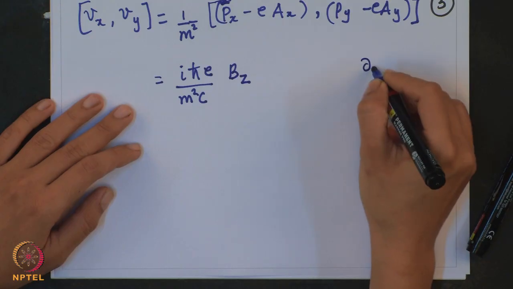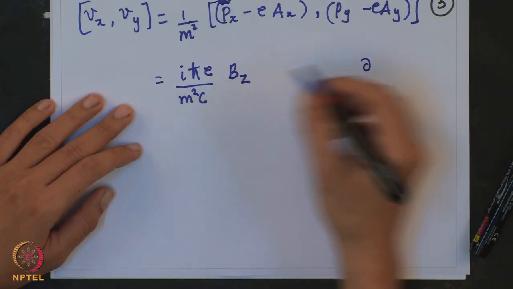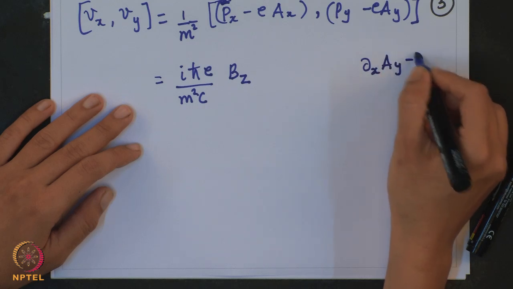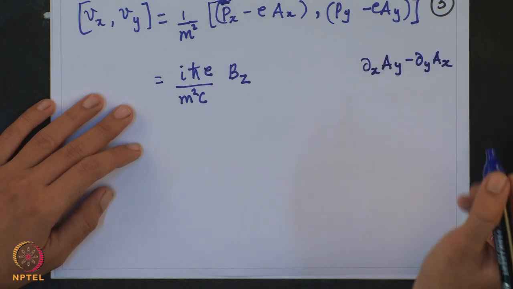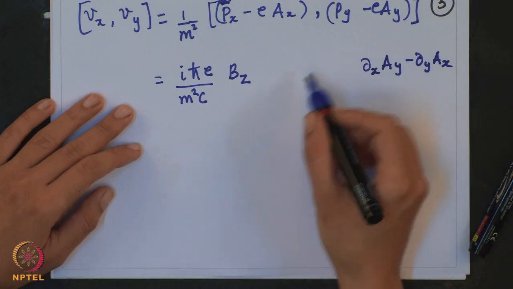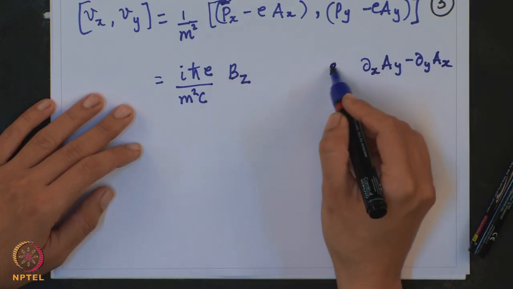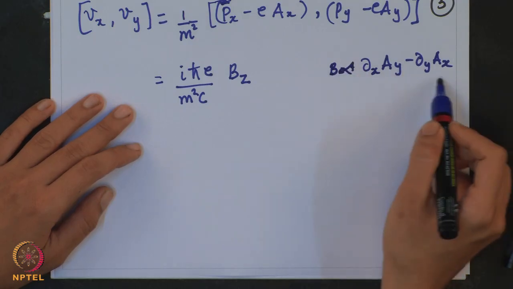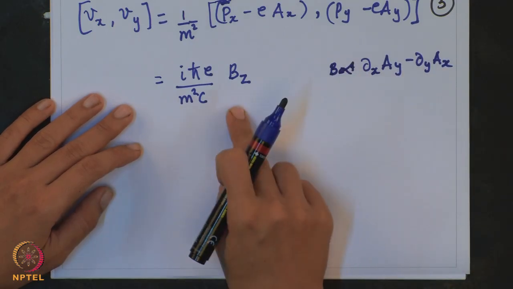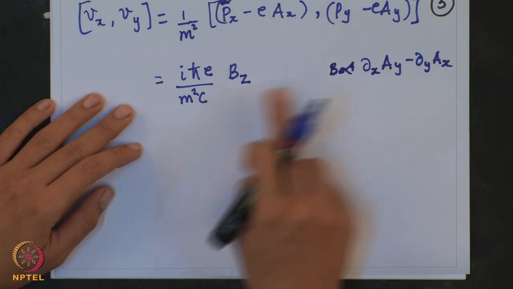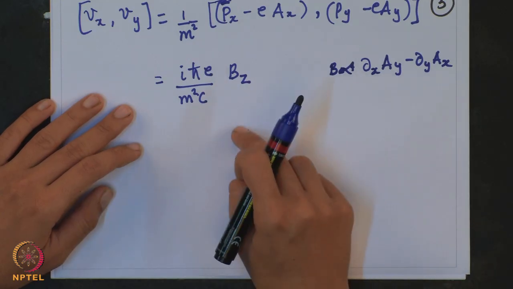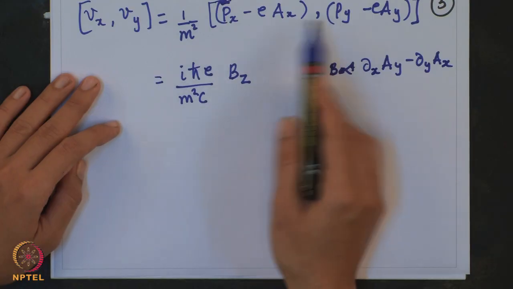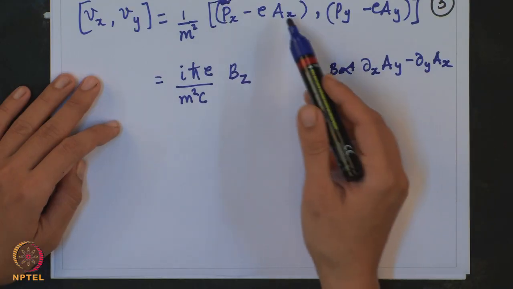It will be ∂x Ay minus ∂y Ax, it will be in this form. So, this Bz is proportional to this. We have got it from here, we wrote Bz in terms of A. So, this is what you have when you solve this.